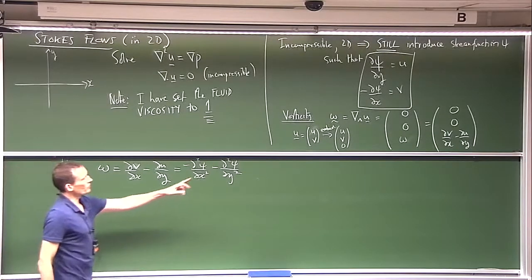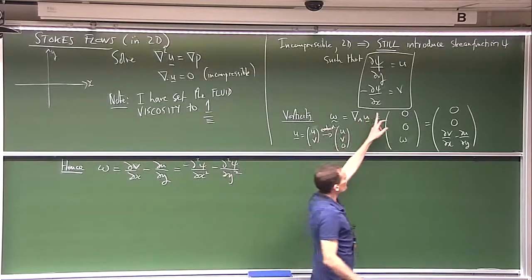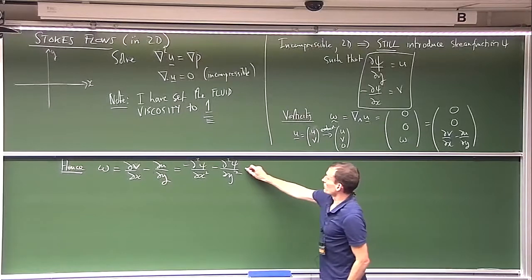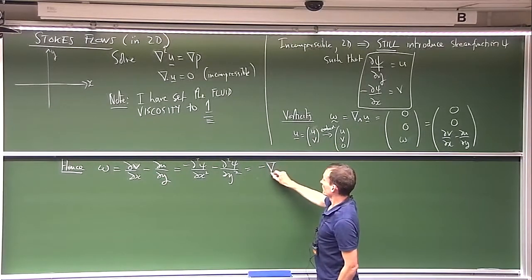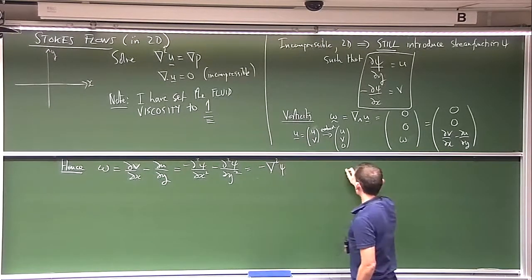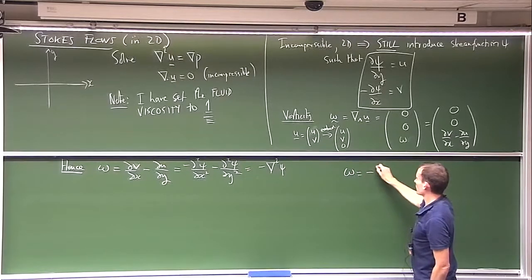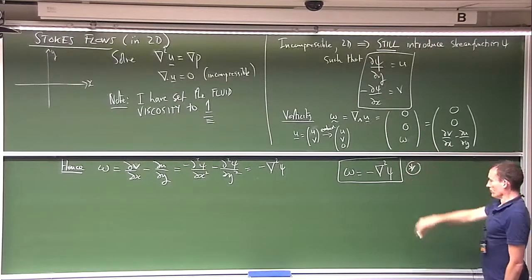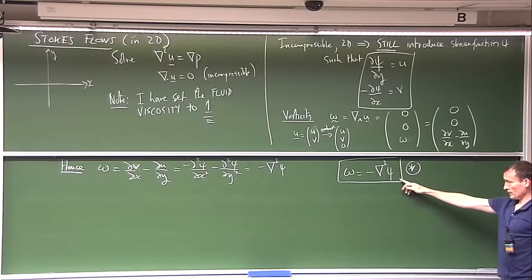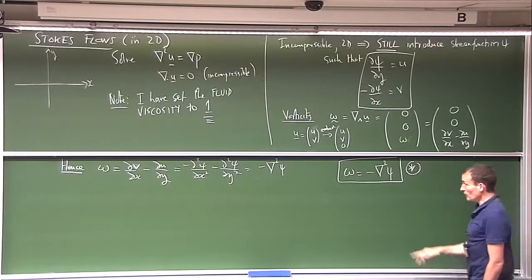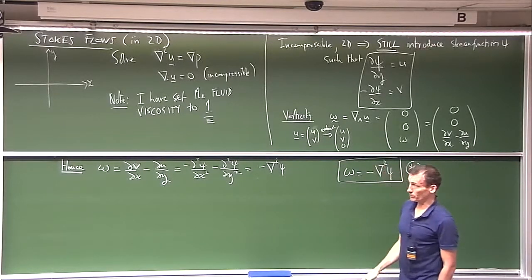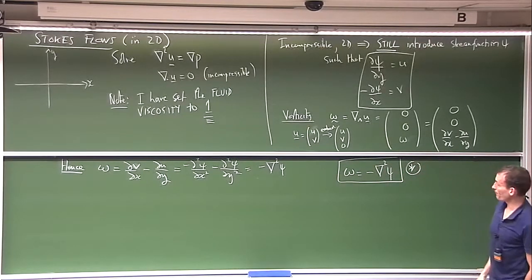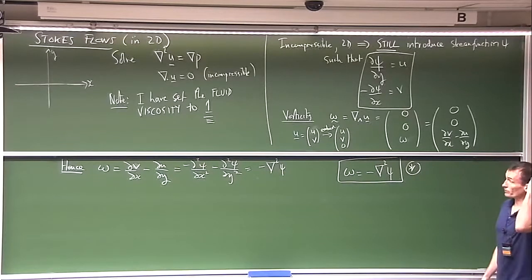Okay, just substitute from here. So this is minus del squared psi. So that's quite an important thing for us to remember. This is true, by the way, of any 2-dimensional incompressible flow, viscous or not.